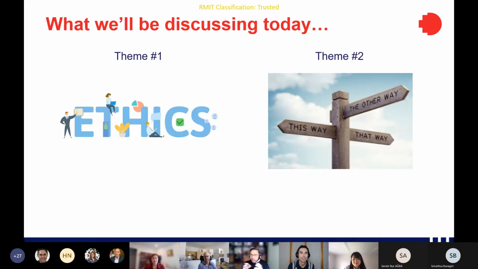I think we've got great representation on this panel to talk through this topic, and it's going to be very relevant for all of us. And the second theme is pathways. A lot of us have been in analytics or are starting off in an analytics career, and we're going to be discussing pathways to building a successful analytics career. So without further ado, let's jump into our first theme.